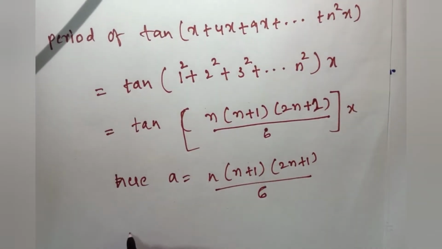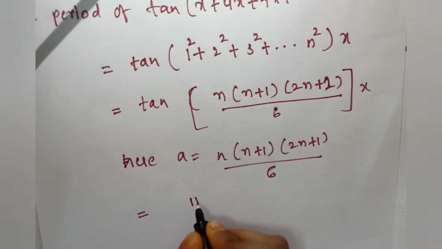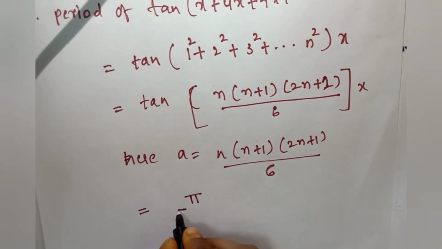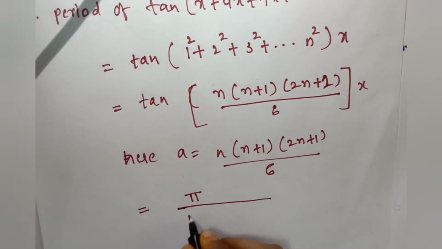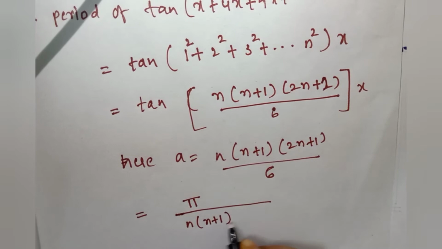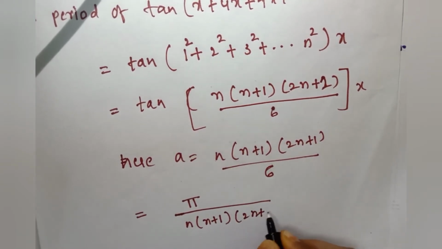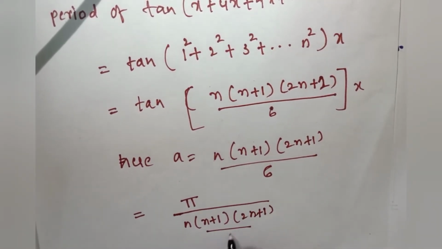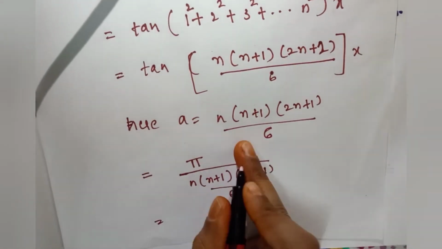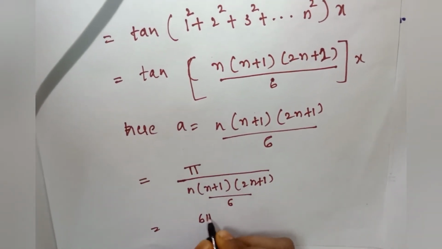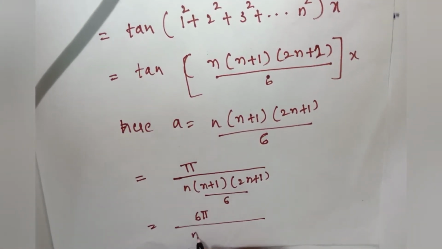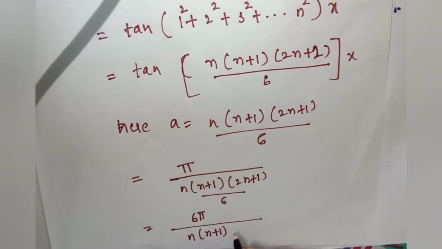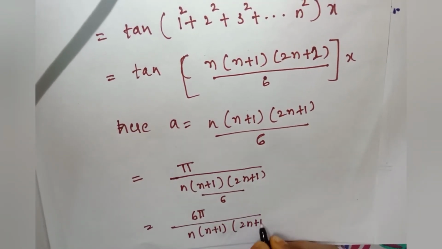This is equal to π divided by n(n+1)(2n+1)/6. This is equal to, 6 will go up, that is 6π divided by n(n+1)(2n+1).